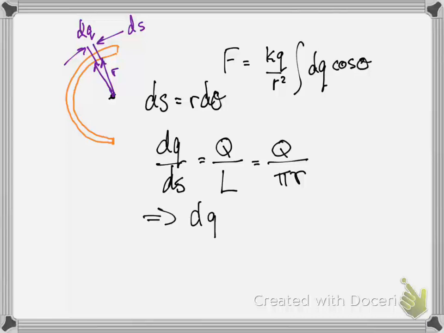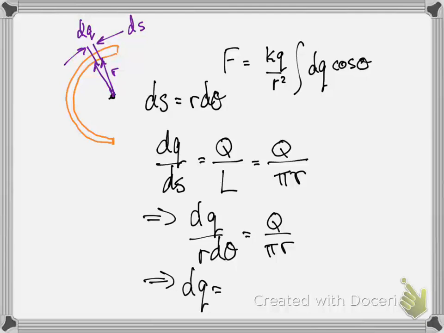So therefore, dq over r d theta is equal to q over pi r, and now we have a relationship between dq and theta: dq is equal to q over pi r times r d theta, or just q over pi d theta.